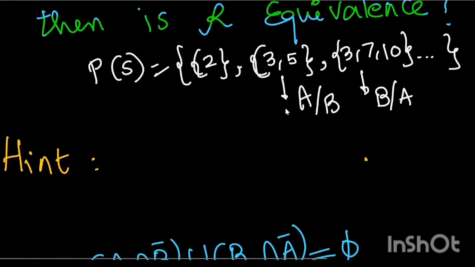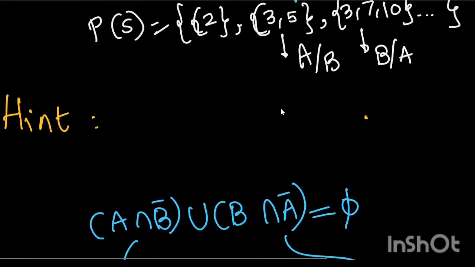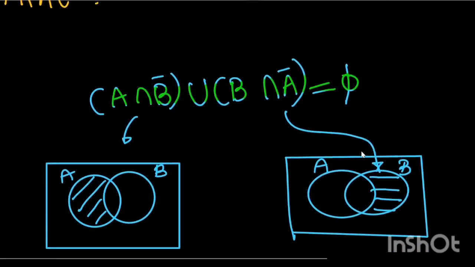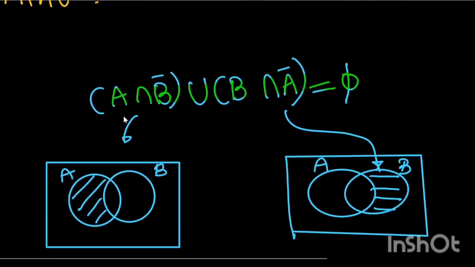So the hint is, if (A ∩ B̄) ∪ (B ∩ Ā) is equal to φ. Now from the Venn diagram of two sets, we know that this portion represents A ∩ B̄, and this represents B ∩ Ā.